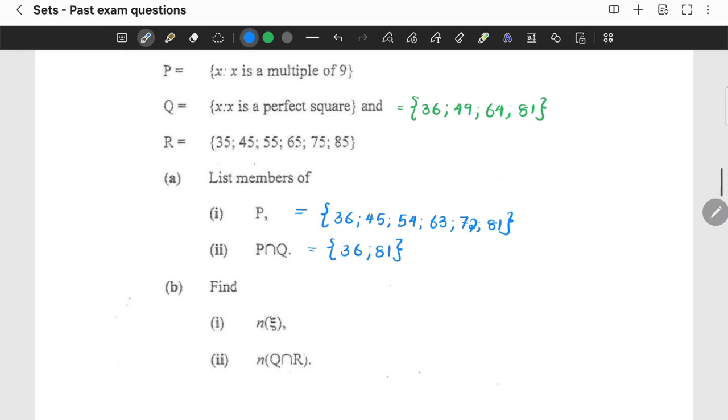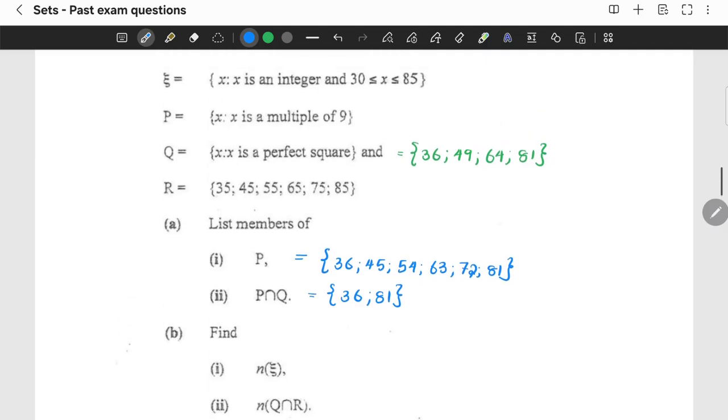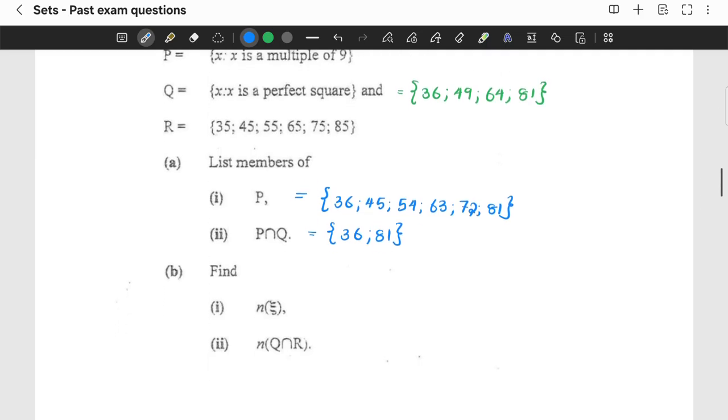The next question says, find the number of elements in the universal set. So to understand this, let's say x is between 1 and 10, including 1 and 10. If you want to find the numbers, we can either write them down, which would be 1, 2, 3, 4, 5, 6, 7, 8, 9, and 10.